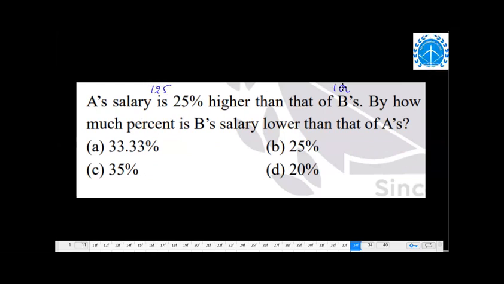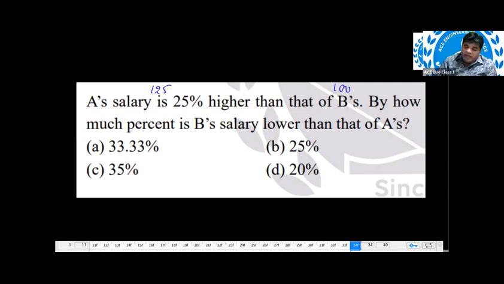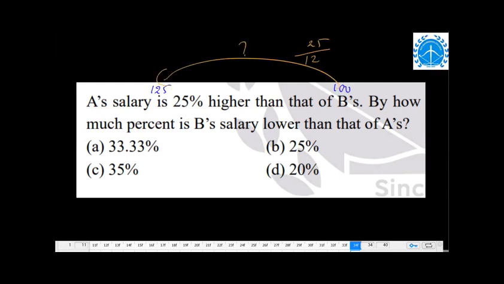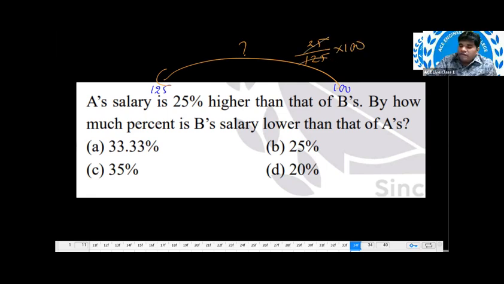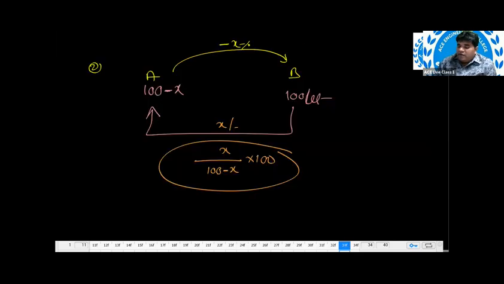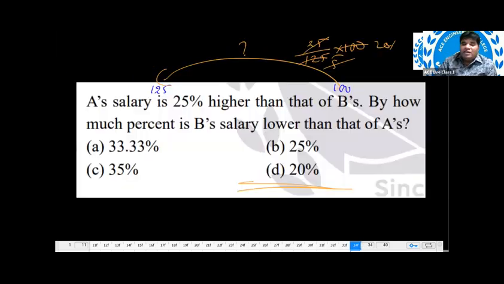So B value? 100. So now B is how much percentage less? 25 by 125 into 100, so the answer is 20%. Directly the answer. But we know the concept here, we are applying the formulas. In case you don't know, directly I'll tell it to you, but we have to be perfect in the concept.